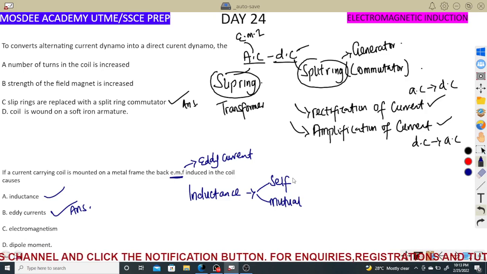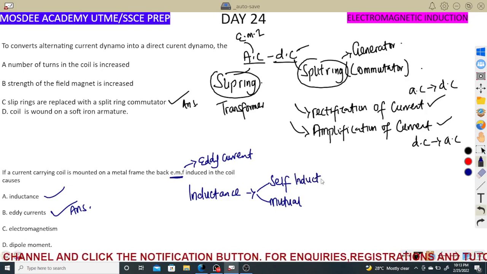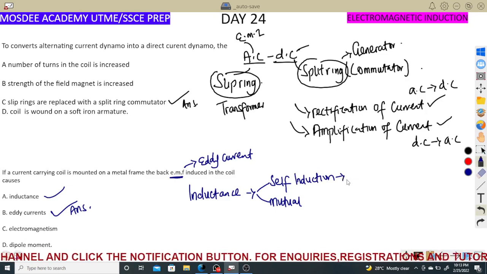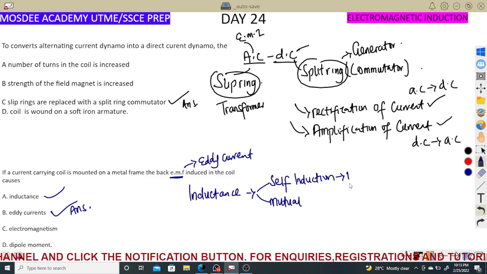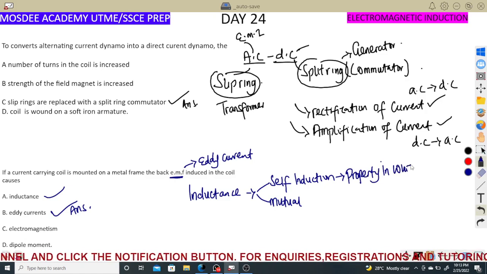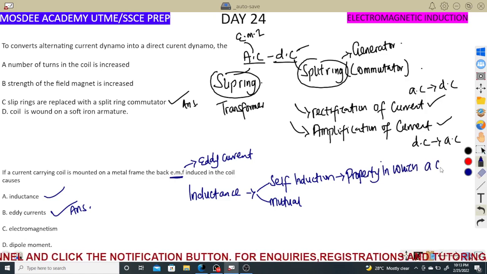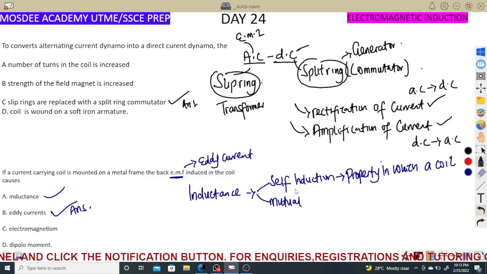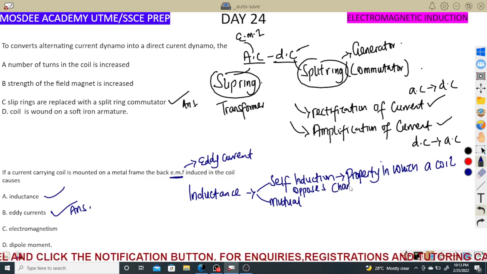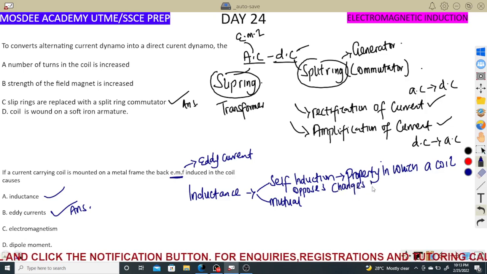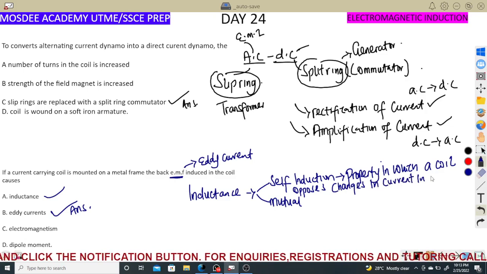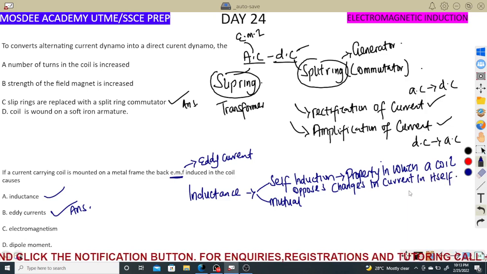When we say self-induction, because induction brings about inductance, we say it's a property by which a conductor or a coil opposes a change in current in itself.